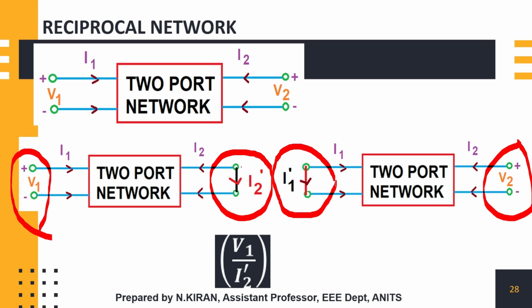Here, the ratio of excitation to response is V2 by I1 dash. If these two ratios are equal, then that two-port network is considered a reciprocal network. Now we shall derive this reciprocal condition for all four parameters, that is Z, Y, H and ABCD parameters.